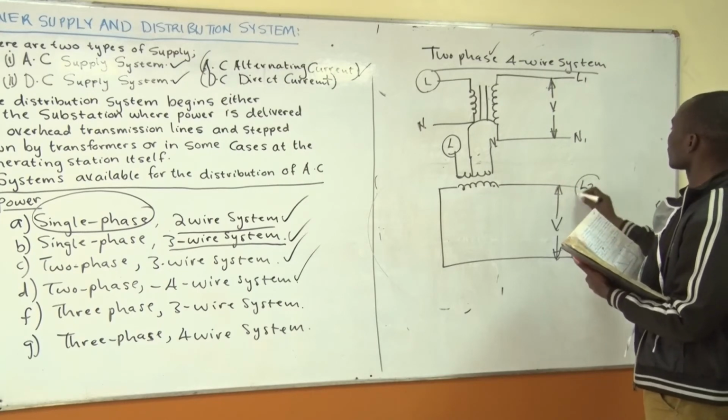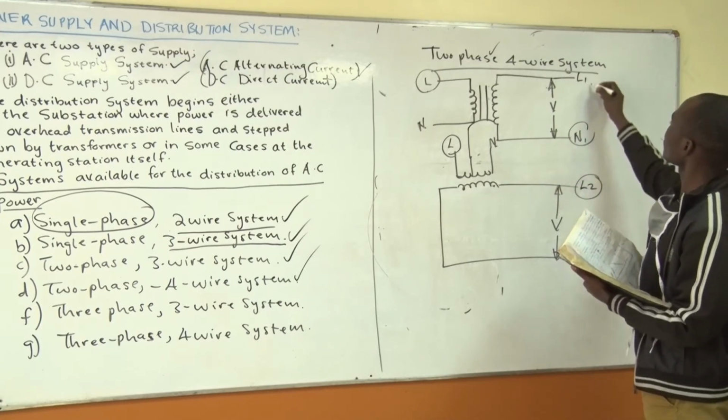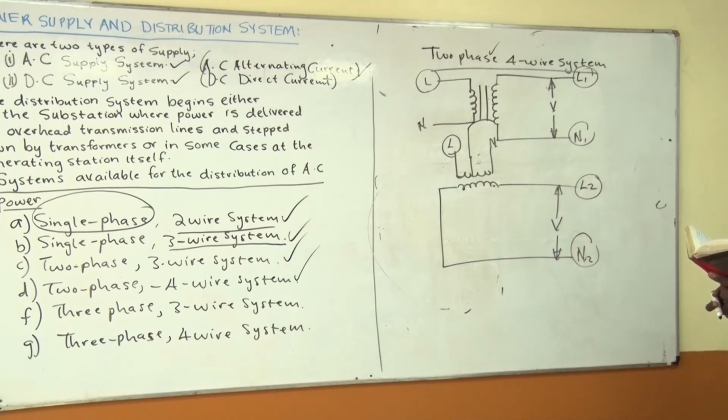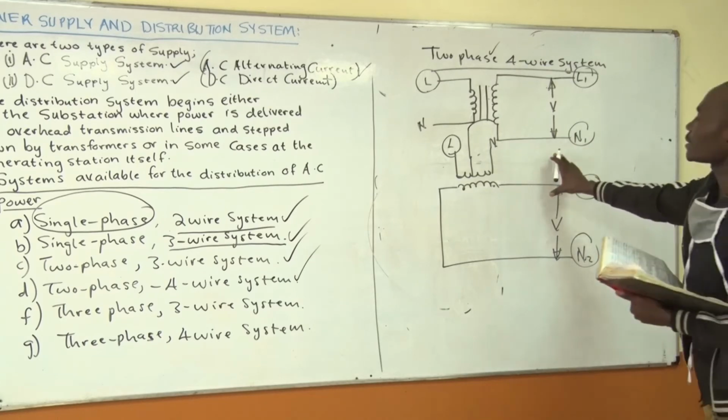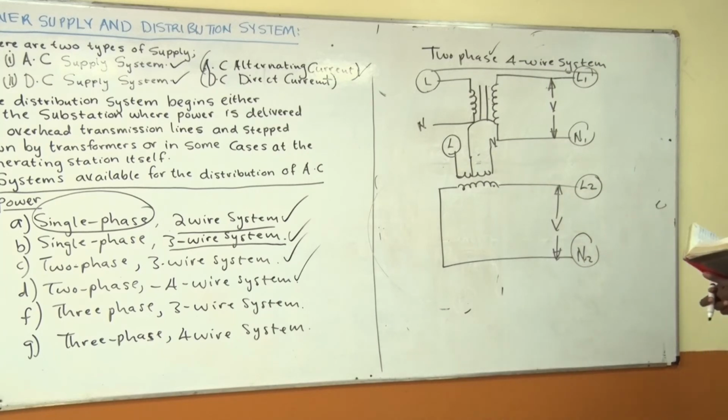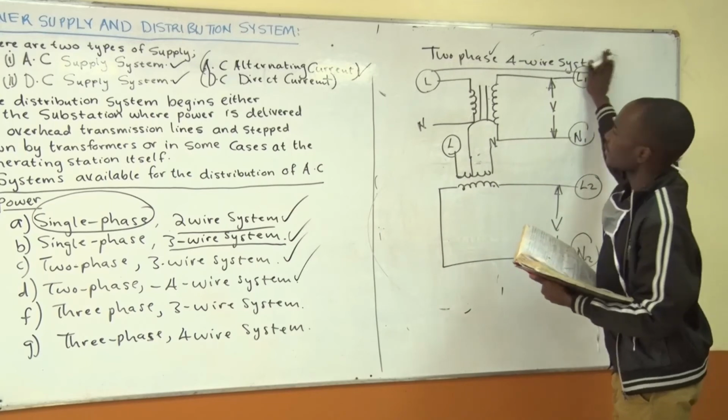So if you have been told to sketch, because most of the time they normally tell you to sketch, like for instance the 2-phase 4-wire system, make sure that you sketch it like this. Although I will give you some notes that will enable you to understand better and copy. So let's go to the next one.